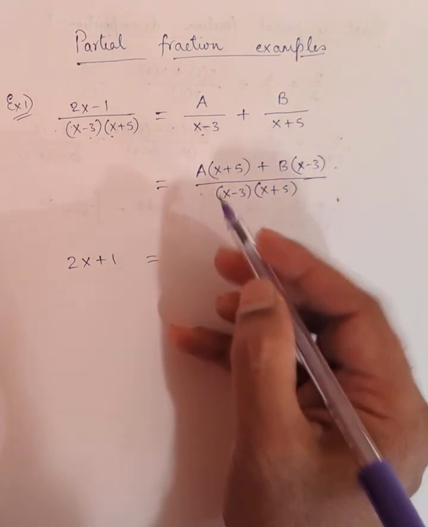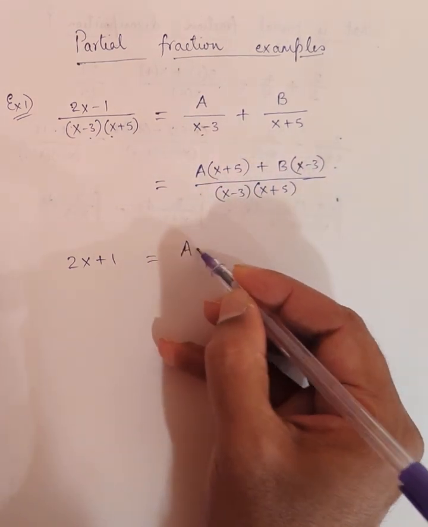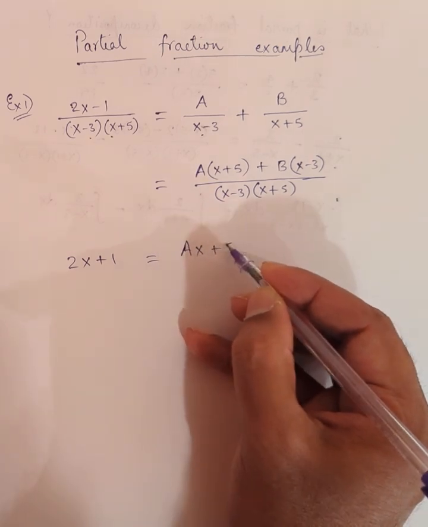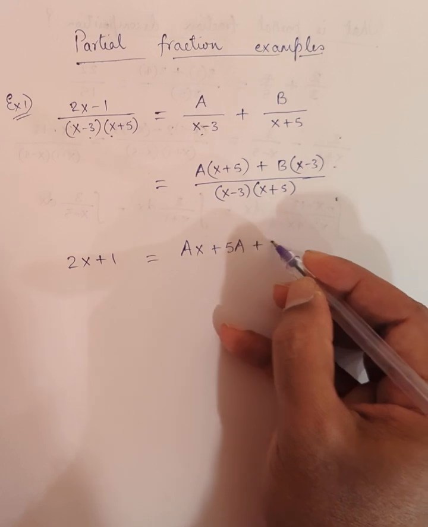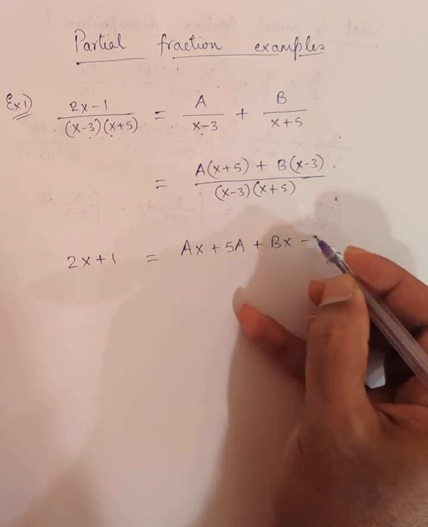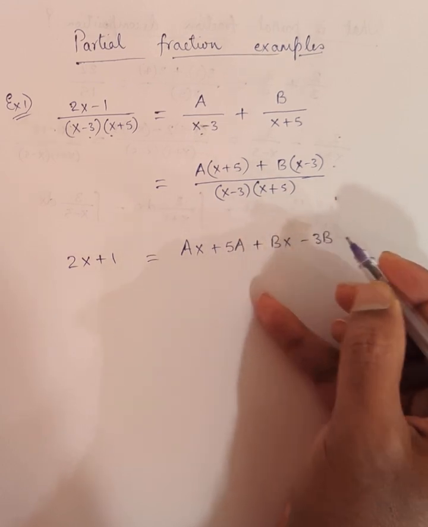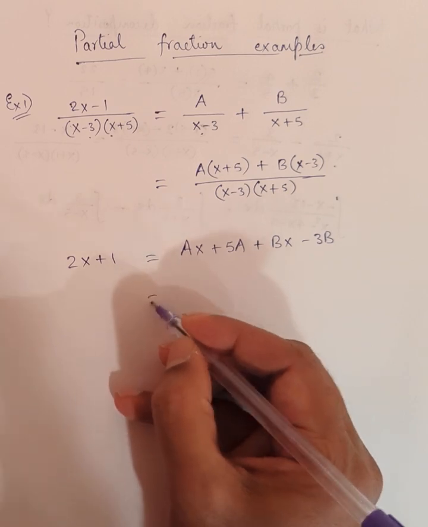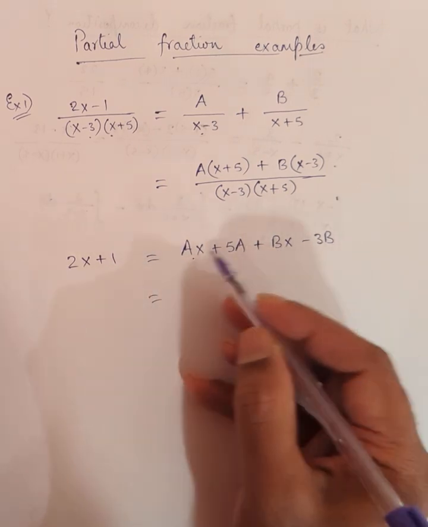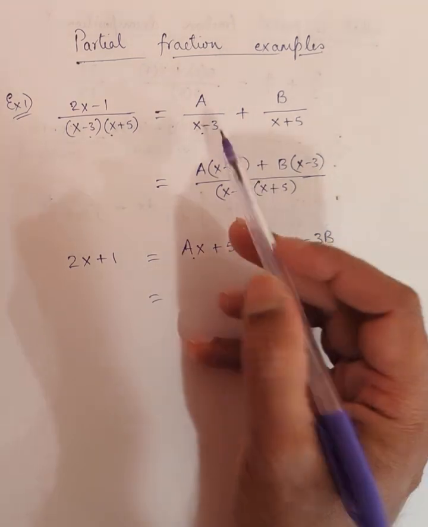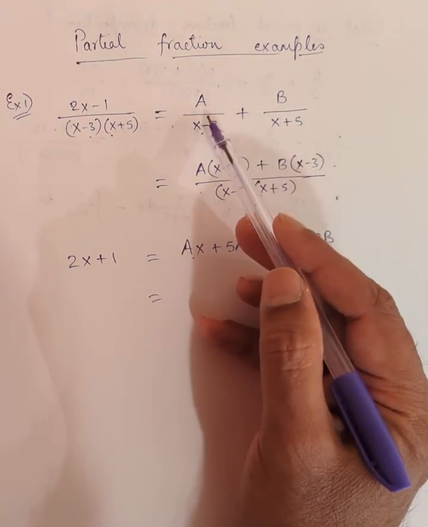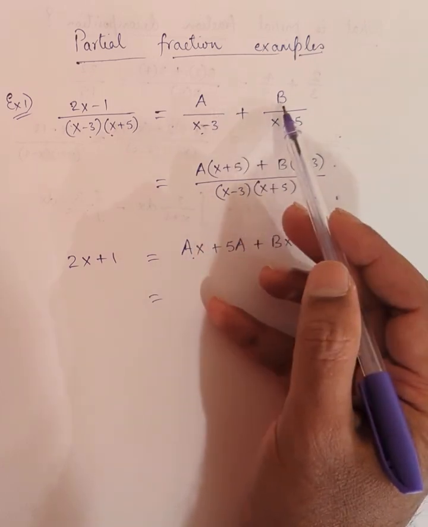So 2x minus 1 is equal to the numerator. Let's distribute that: ax plus 5a, distribute a here and distribute b there, plus bx minus 3b. And we can combine the like terms. You can think of a and b as just numbers. We don't know what they are right now, and that's what we are trying to find.